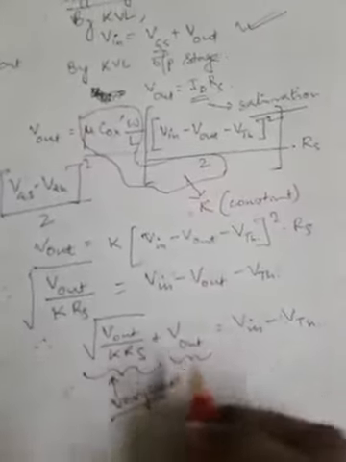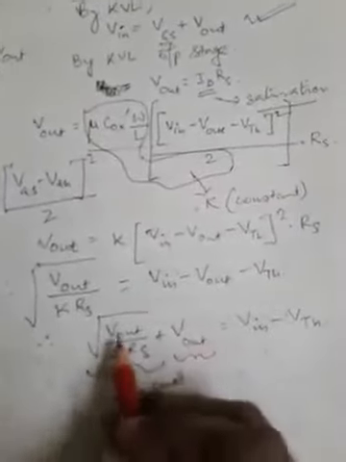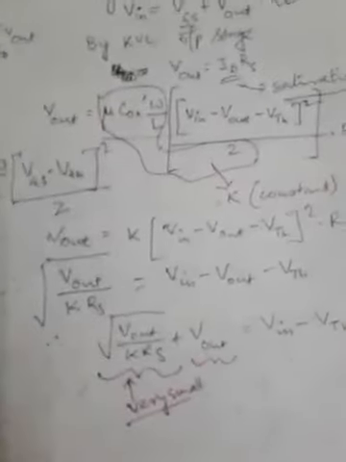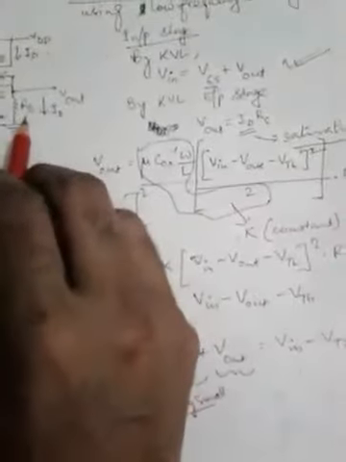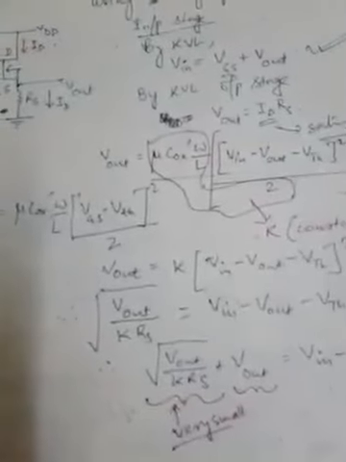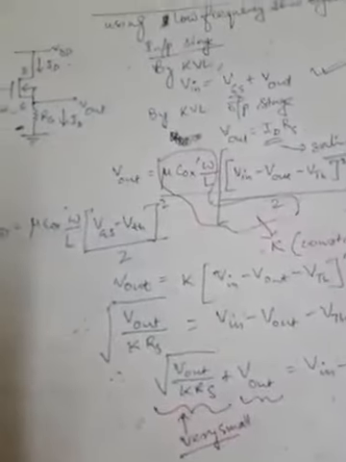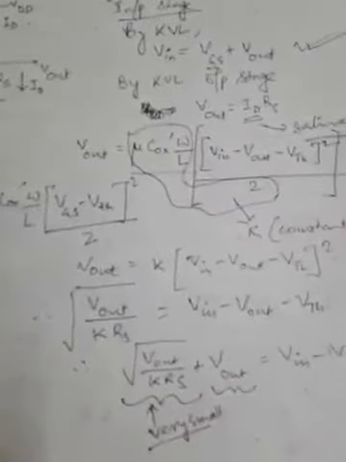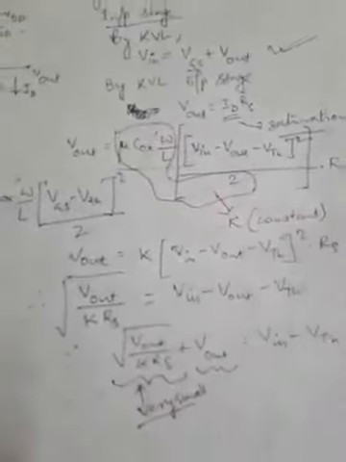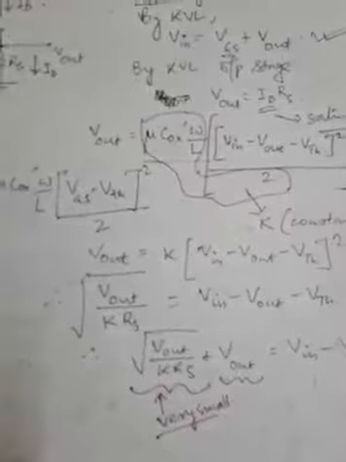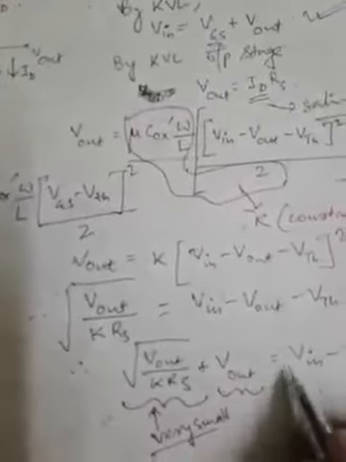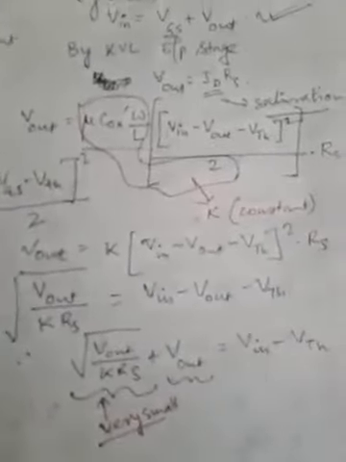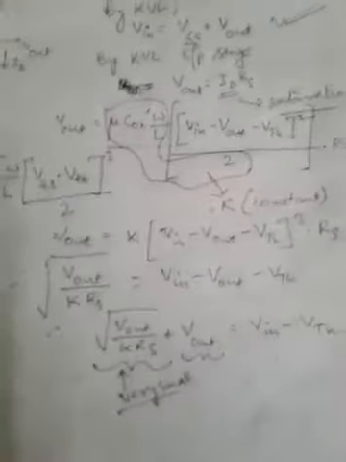As we can see from here, this is only V out, and this V out is measured by two large numbers, one is RS and another is K. RS can be of large value because high voltage gain is to be obtained, and so with respect to this V out, this term may be assumed as small. So we can approximately say that V out is equal to V in minus VTH, which proves it is a linear relation, or the equation of a straight line.